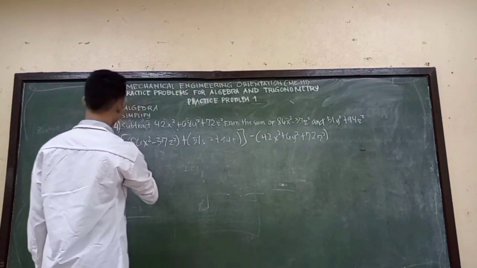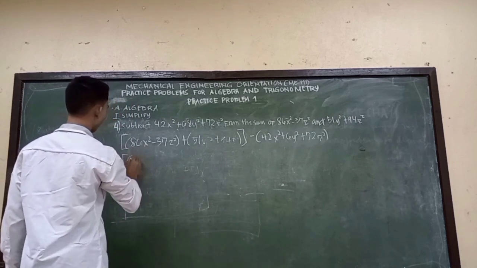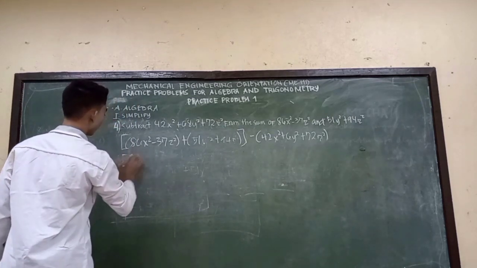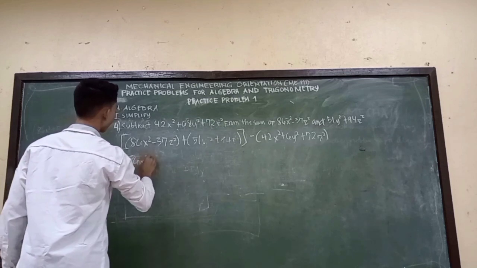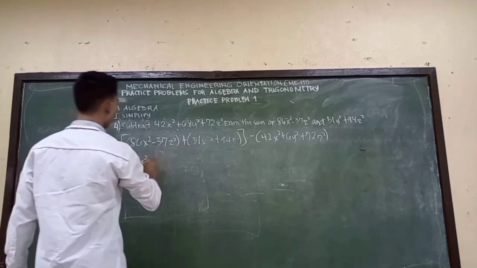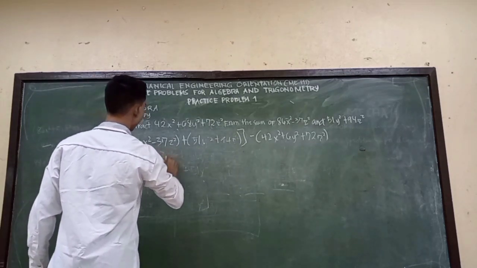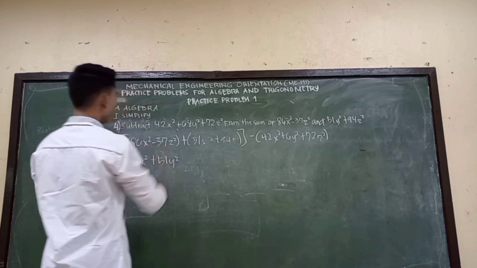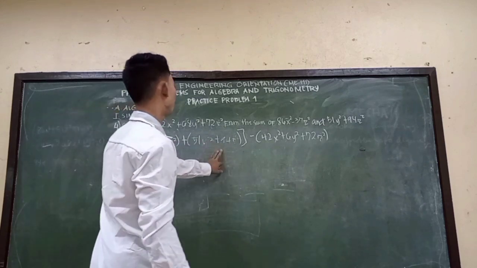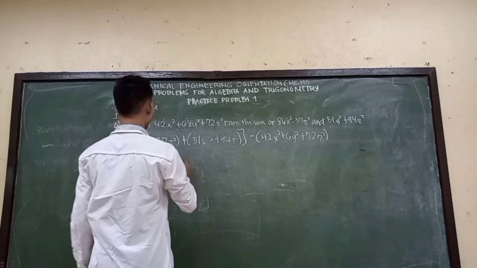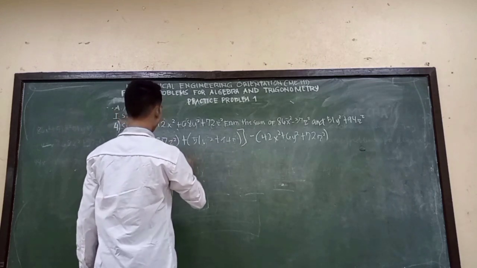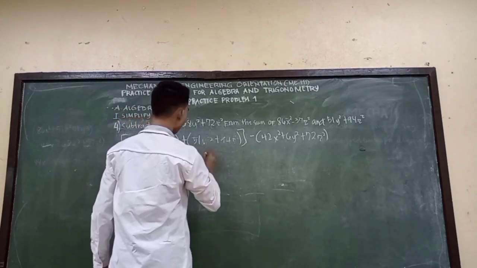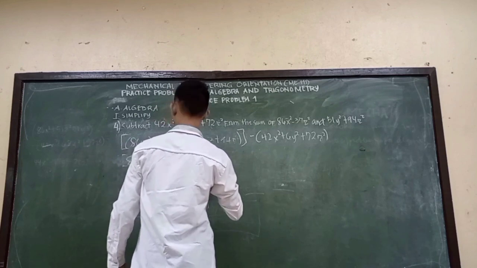We'll have 86x squared, then 51y squared. Negative 37 plus 94z squared is equal to positive 57z squared.